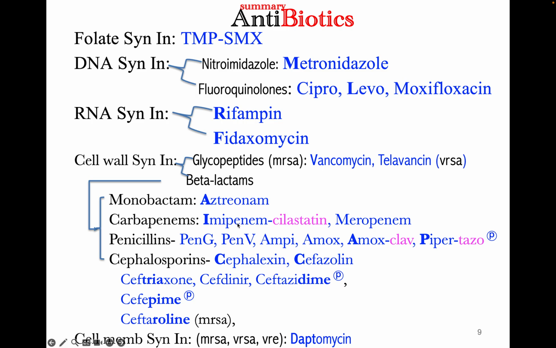But if you combine it with imipenem, cilastatin has an entirely different function. What does it do? It actually functions in our nephron. In the nephron, it prevents the destruction of imipenem. So quick elimination of imipenem can be prevented by the use of cilastatin.